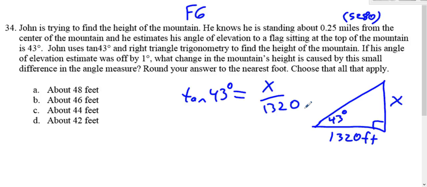To do tangent of 43 times 1320, you get that the height is about 1,230.919, so you could round that up to 1,231. It says round your answer to the nearest foot.